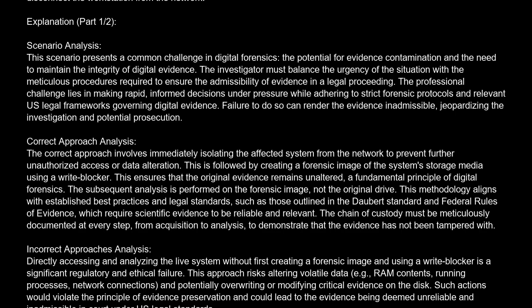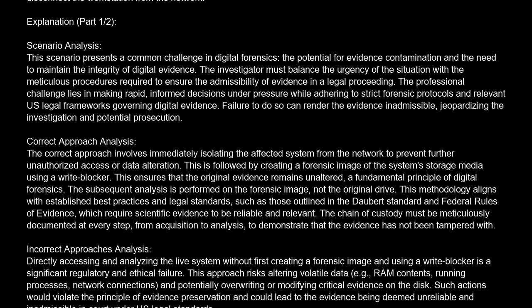Correct approach analysis. The correct approach involves immediately isolating the affected system from the network to prevent further unauthorized access or data alteration. This is followed by creating a forensic image of the system's storage media using a write blocker. This ensures that the original evidence remains unaltered, a fundamental principle of digital forensics. The subsequent analysis is performed on the forensic image, not the original drive.